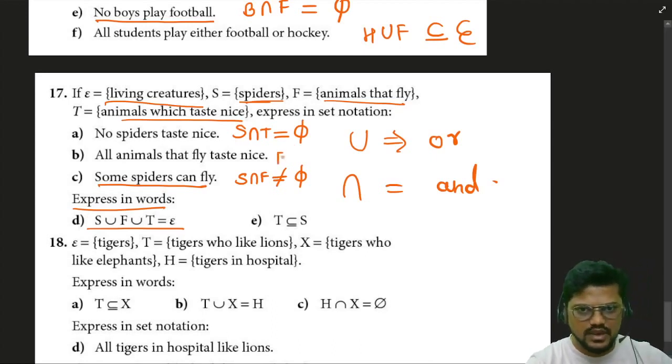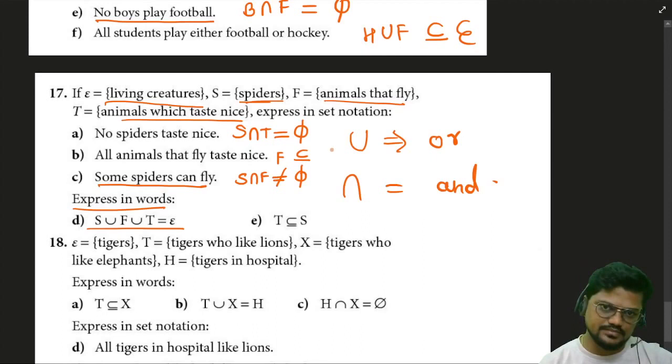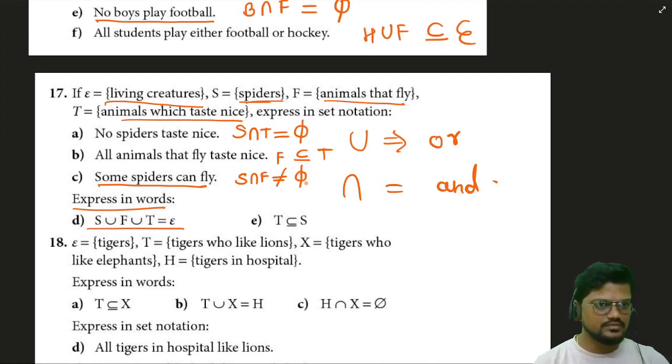That means F is a subset of T, the animals which taste nice. Got it? F is a subset of T.